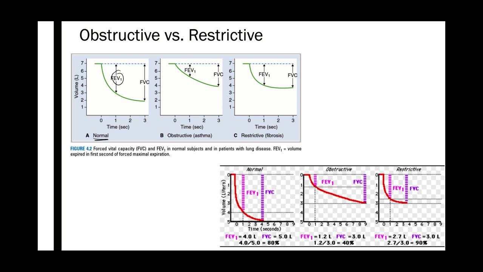So 7 to 3. So you can get 4 liters out, and then 7 to 2, 4 out of 5. So that means you can get around 80% of the volume in your lungs out in 1 second of your forced expiration test.